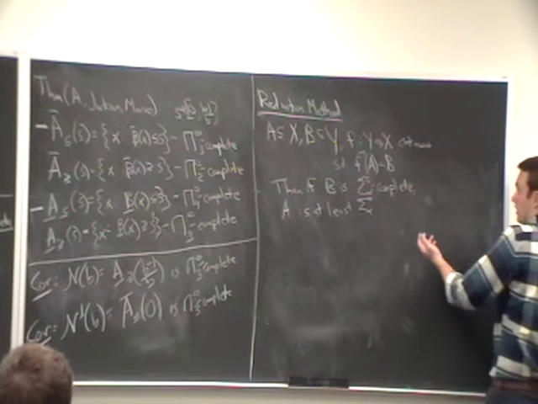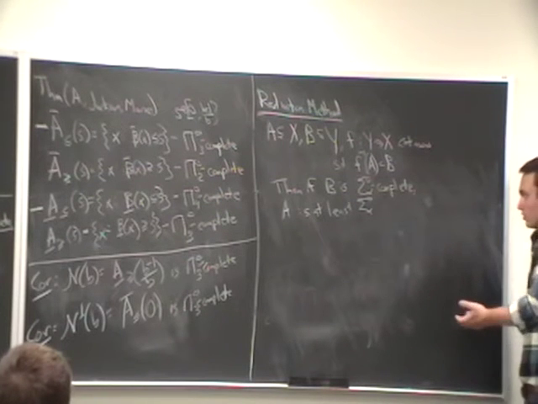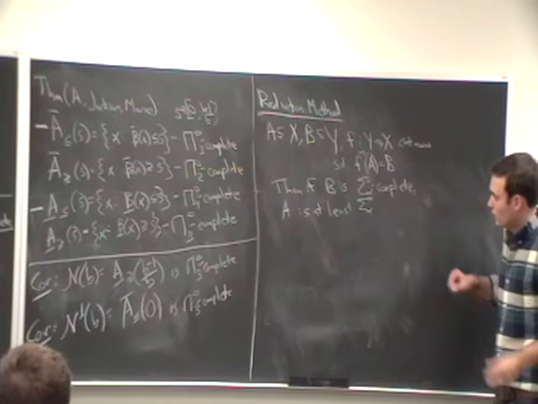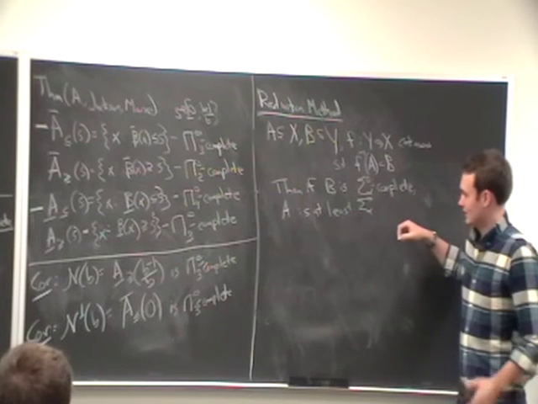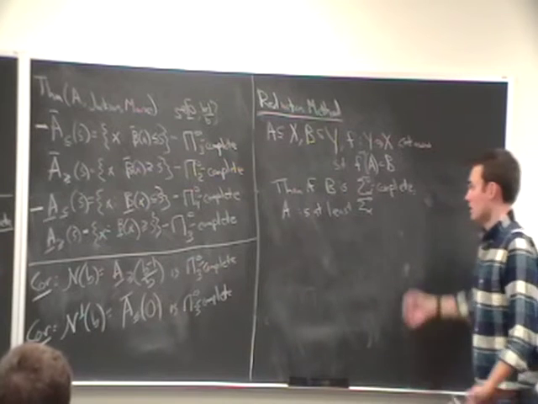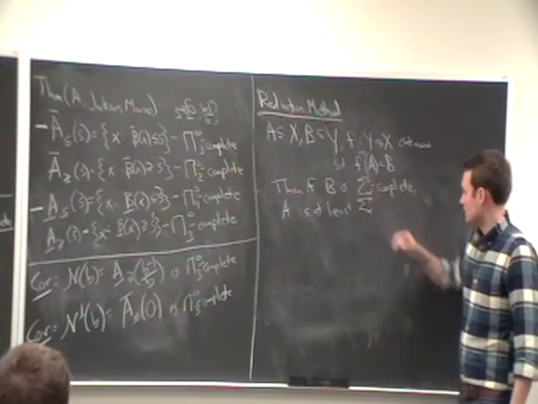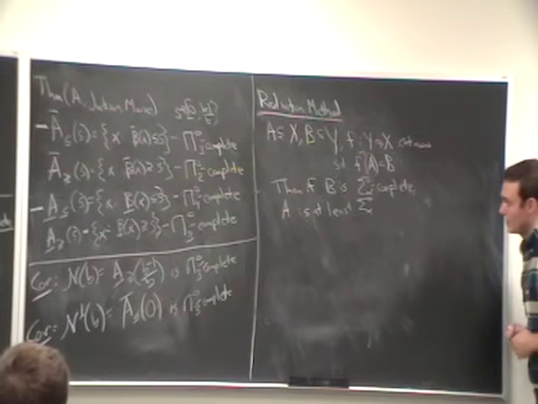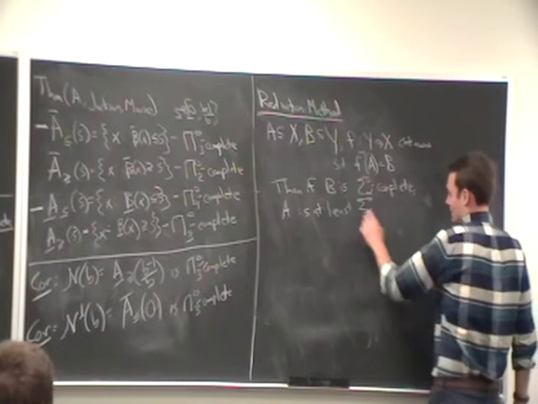And the continuous inverse of an open set is open and of a closed set is closed. And so we see that if we could write A as some lower complexity class than Sigma 0 alpha, we could write B as that lower complexity class as well. But on the condition that B is Sigma 0 alpha complete, this can't be done, and so we must conclude that A is at least Sigma 0 alpha.